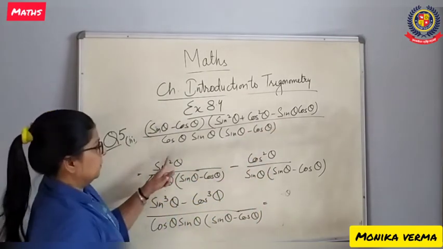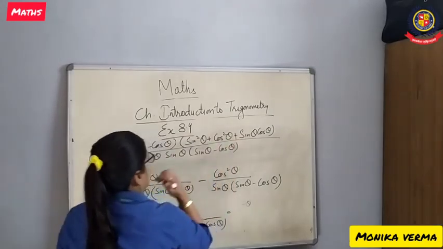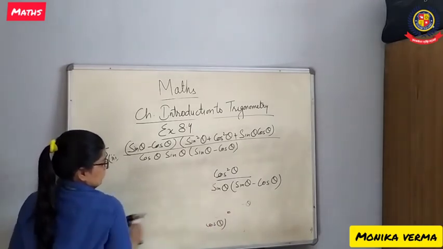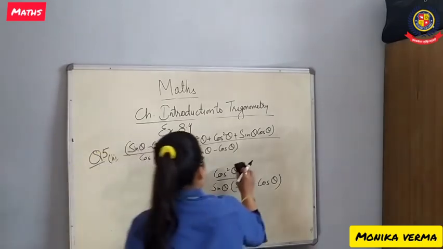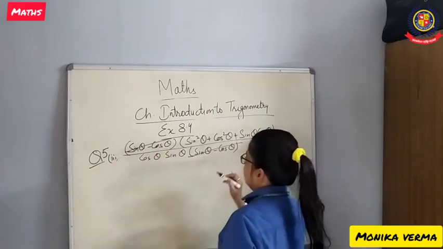Am I clear? a cube minus b cube is (a minus b)(a square plus b square plus ab). Now we can cancel sin theta minus cos theta.